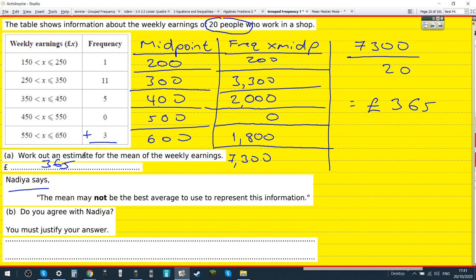But we can see here that it looks like most people earn between 250 and 350. That would be the mode.